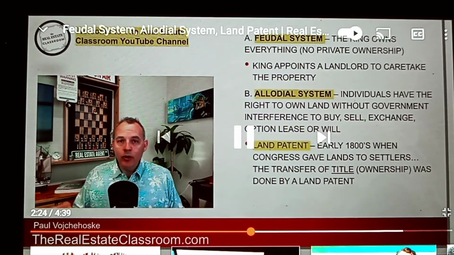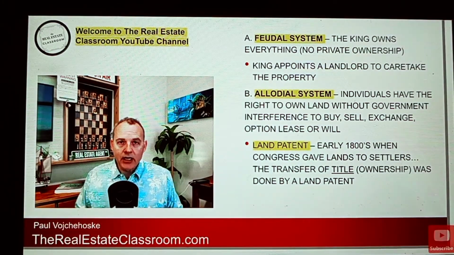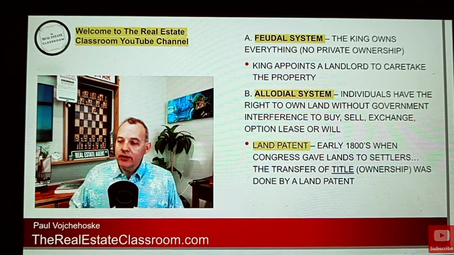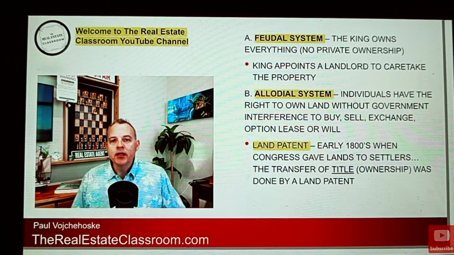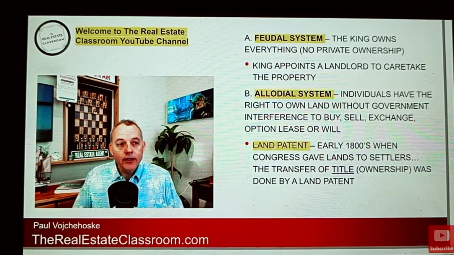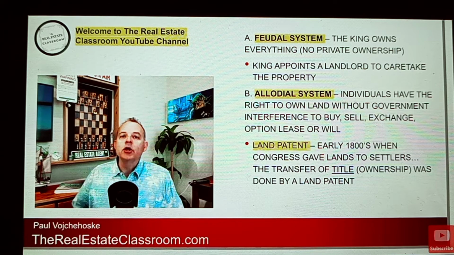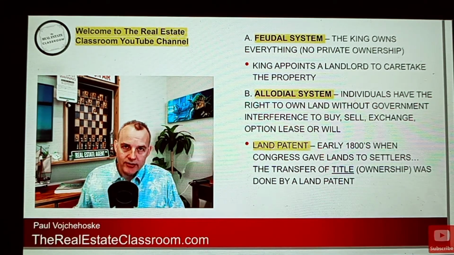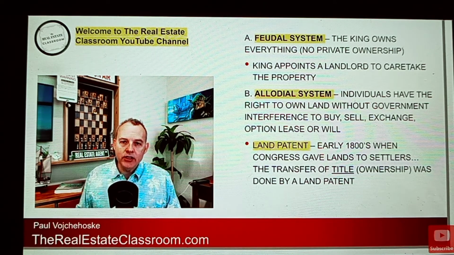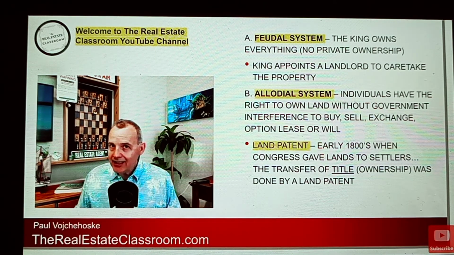The king would appoint governors over the different colonies, and then the governor would appoint different plantation owners, etc. But something happened in 1776. We threw the British out, and we became a new country who embraced what's called the allodial system of land ownership. This is where individuals have the right to own land without government interference.